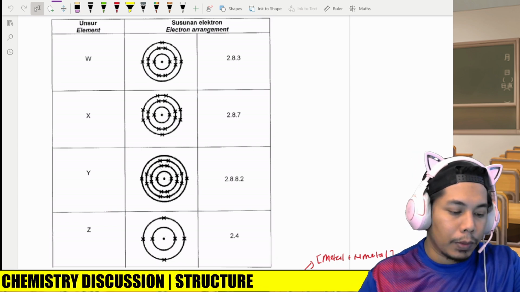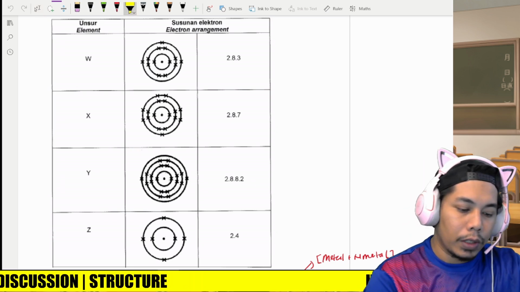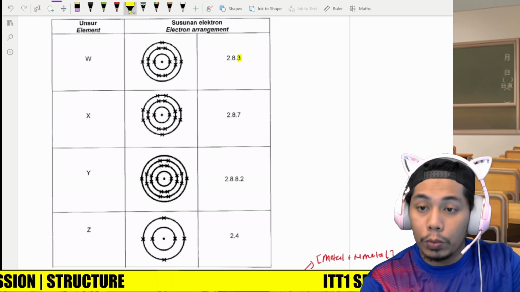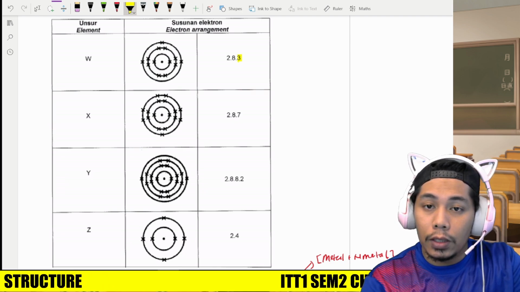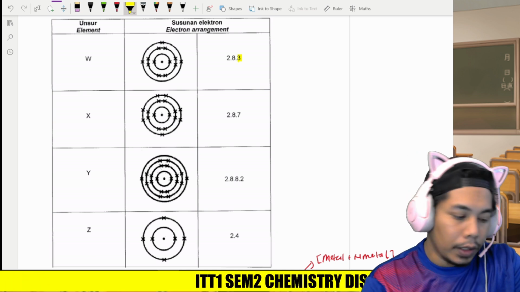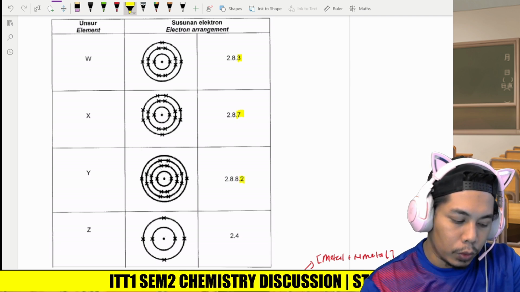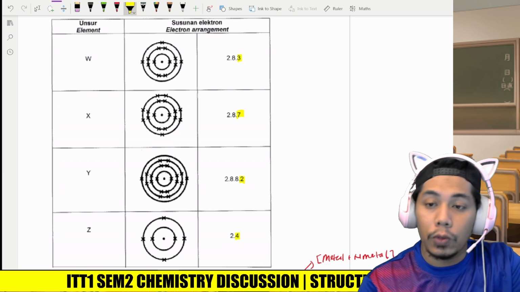As an example, W has 3 valence electrons, meaning that W is located in group 13 and period 3. X is located in group 17, Y in group 2, and Z in group 14.